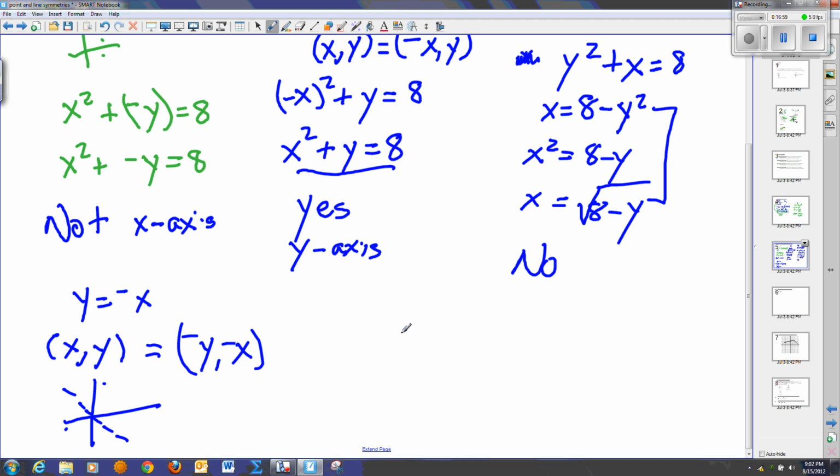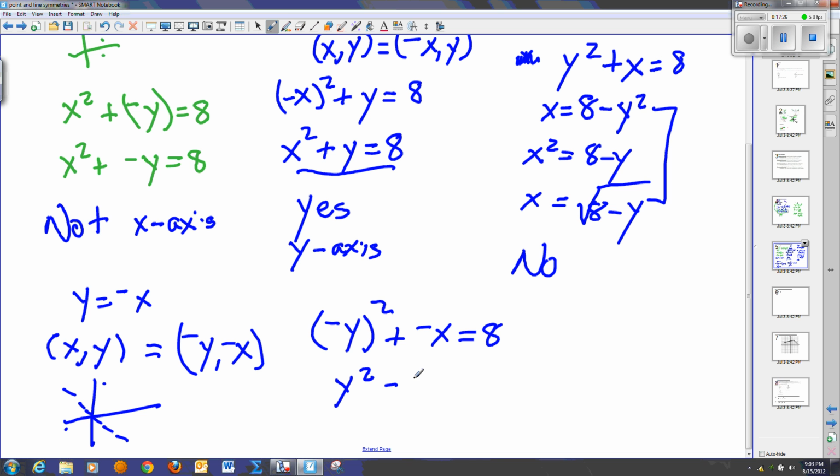Test it in the original equation. So x squared becomes the opposite of y squared. Plus, what was y now becomes the opposite of x. And that's supposed to equal 8. Opposite of y squared is just y squared.